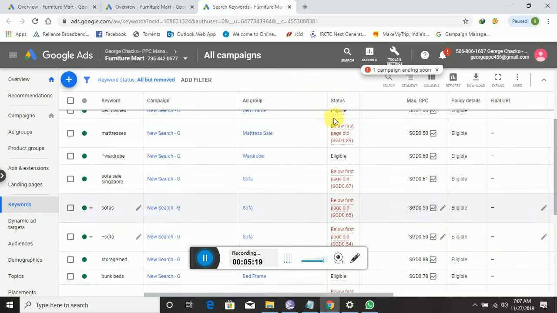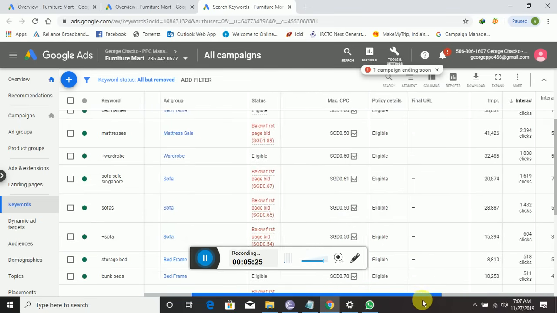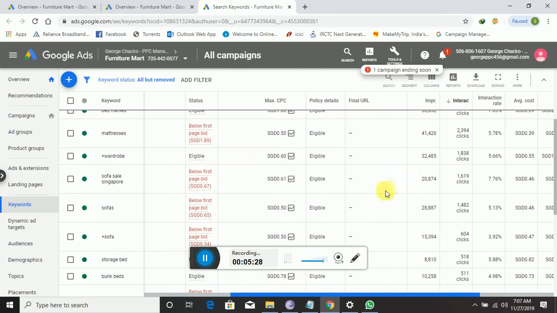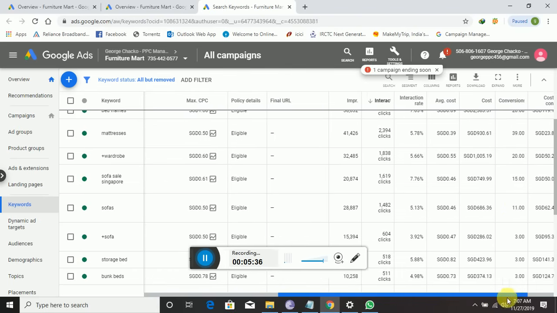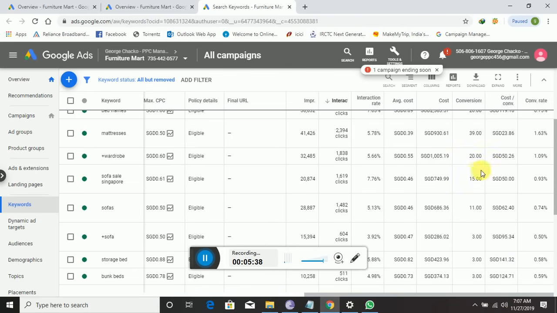You can see in the example that even if they are below the first page, they are getting clicks. The interactions are there. You can check this keyword is below first page, but even so the clicks are there. Average cost has also gone down, and you can see the conversions are also there.